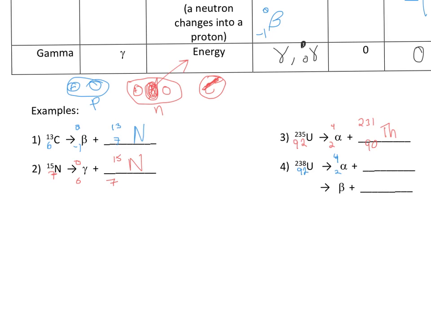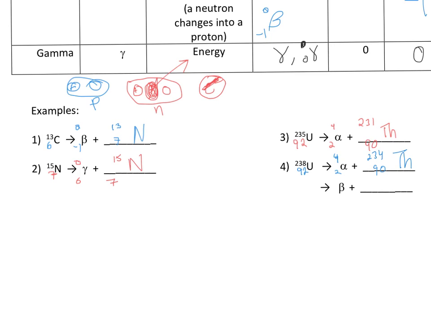The answer is 90 again. And then for the mass number, what number plus 4 is equal to 238? The answer is 234. Then we look up the element, and atomic number 90 would be thorium again.